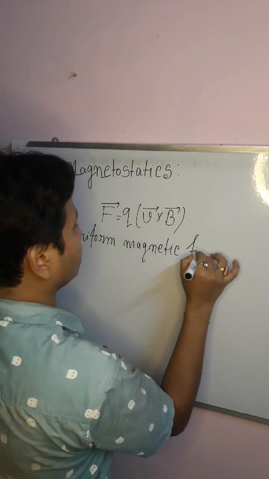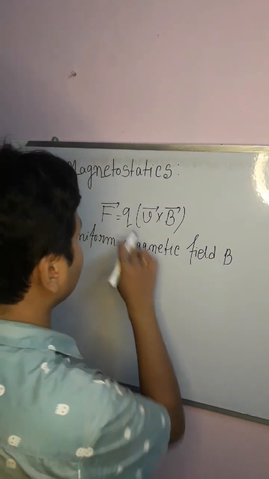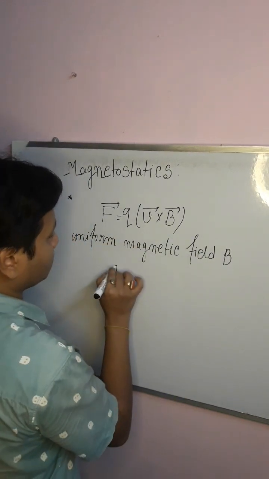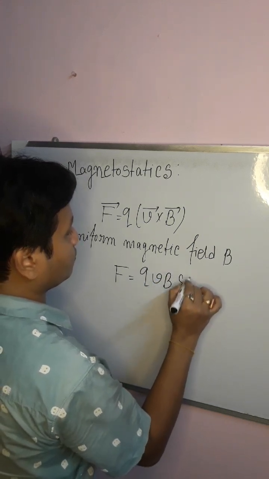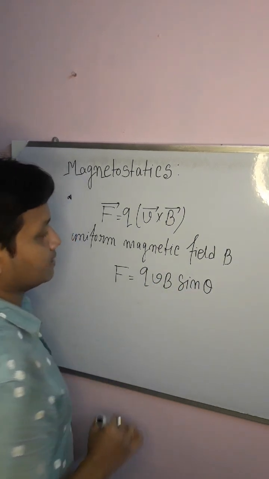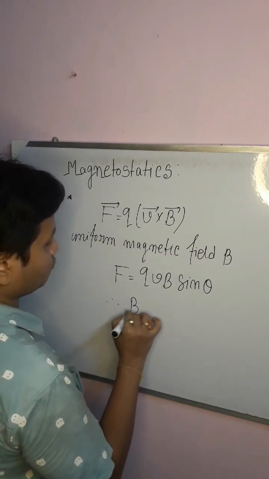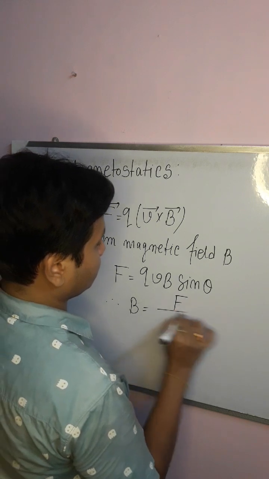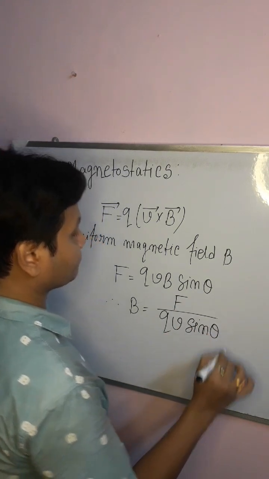Now if we take the magnitude of this, then we all know F equals q v B sin theta. So from this we can easily write B equals F by q v sin theta.